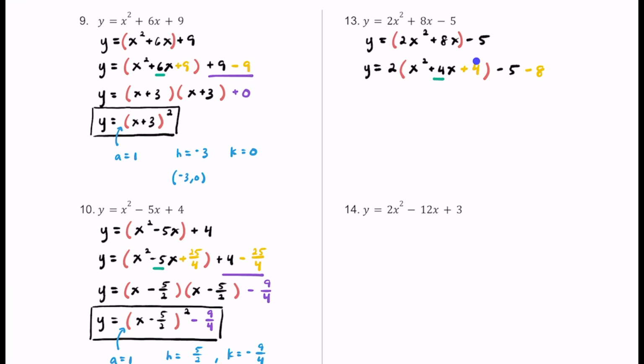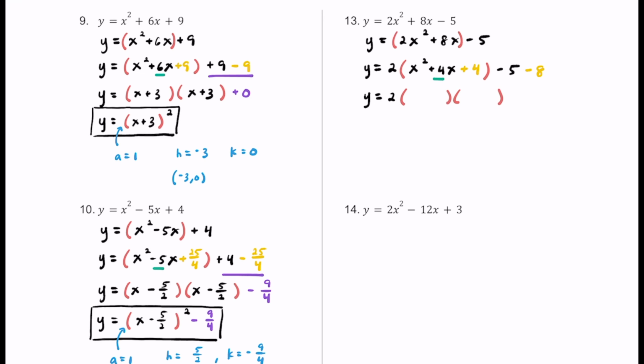So again, yes, this +4 did complete the square, so we have a perfect square trinomial, but because there's this 2 on the outside, remember, this 2 really means that there's 2 of these 4s. So if we added 2 4s, we should take away 2 4s. So just be very, very careful of that. Okay, that's kind of that added level that you want to be aware of if A does not equal 1, which I know is a little bit annoying because it's more work for us.